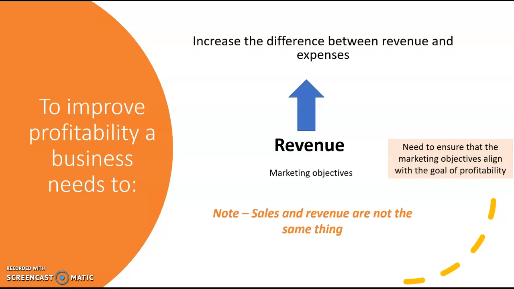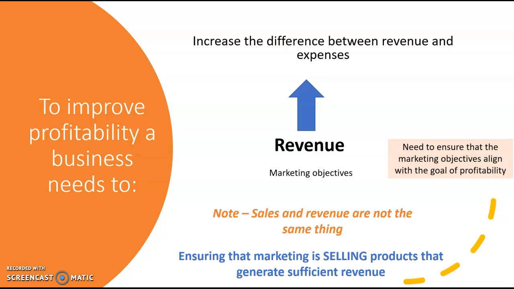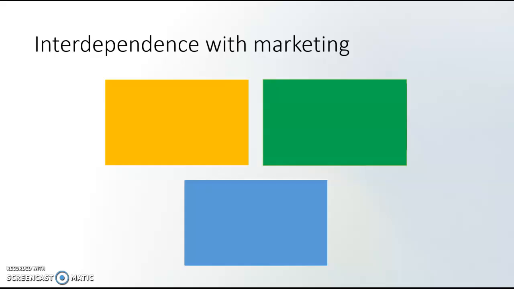Marketing might be chasing the goal of increased sales or increased market share, and as a result, heavily discounting products. If this is the case, sales may well be increased, but revenue will not be maximized. The key is to ensure that marketing is selling products that are going to generate sufficient revenue for the business.